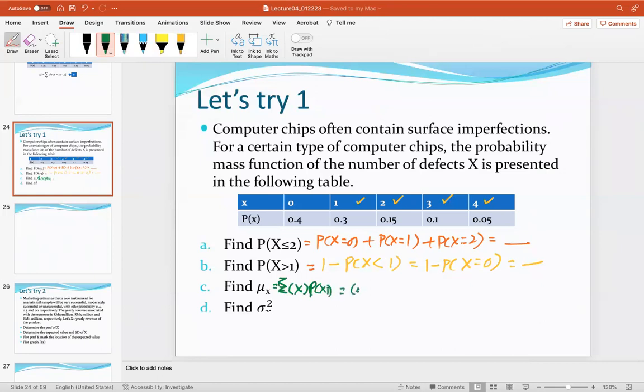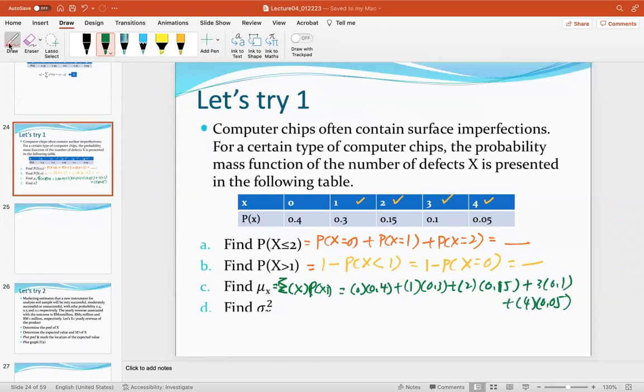So in this case, 0 times 0.4 plus 1 times 0.3 plus 2 times 0.15 plus 3 times 0.1. Okay, so the mean is up to you to use which equation.